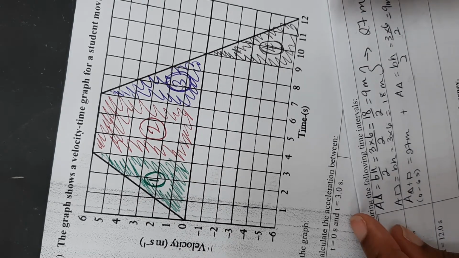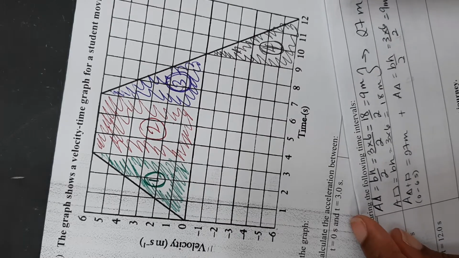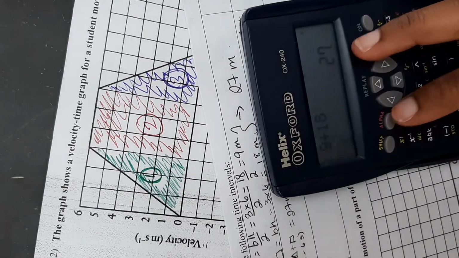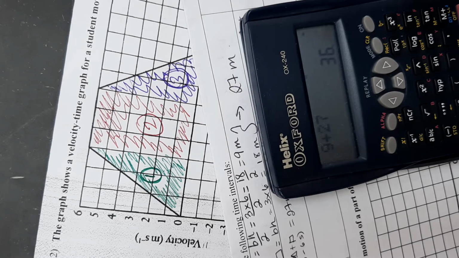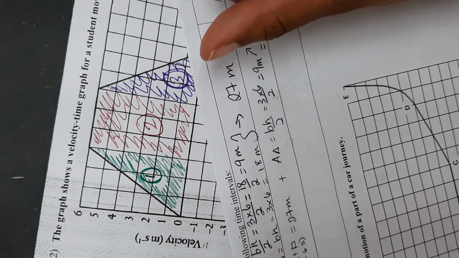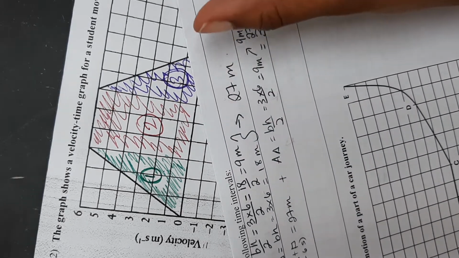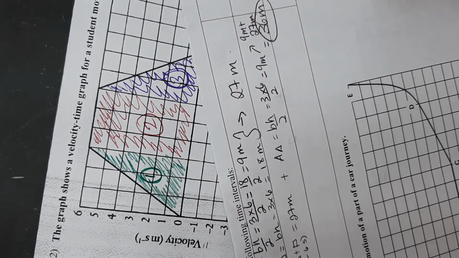And we're going to add that to the 27 meters that was already traveled, and that's going to give us a total of 36 meters. Okay.